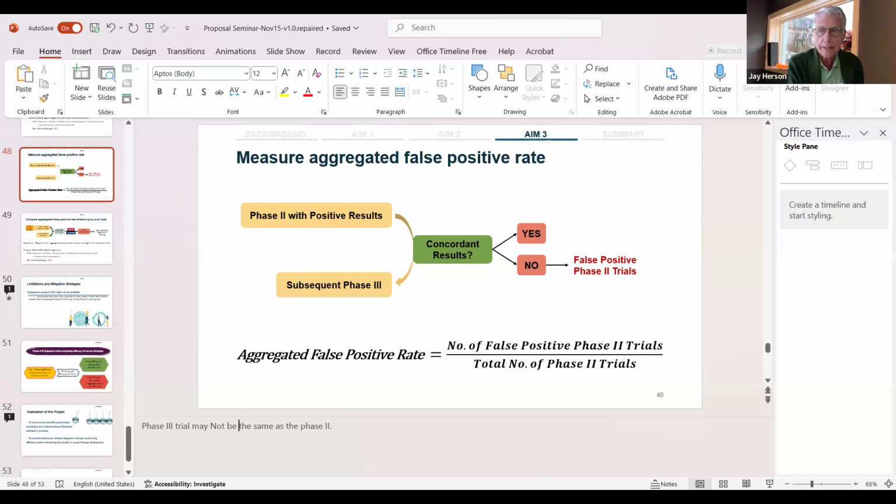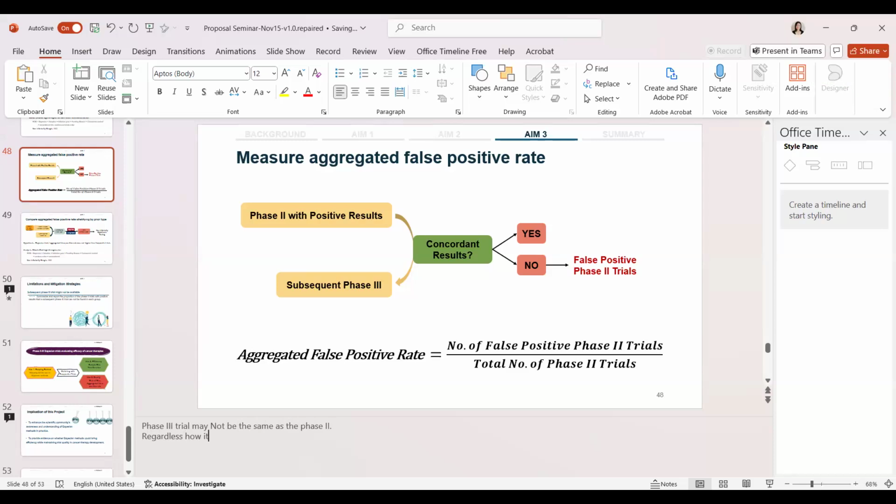Regardless of how it's done, was the phase 2 predictive or was it not? That makes sense. I can repeat the question.